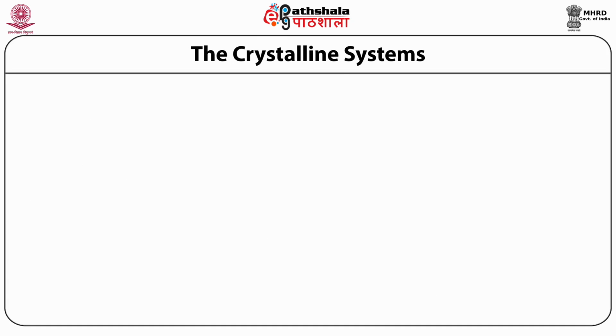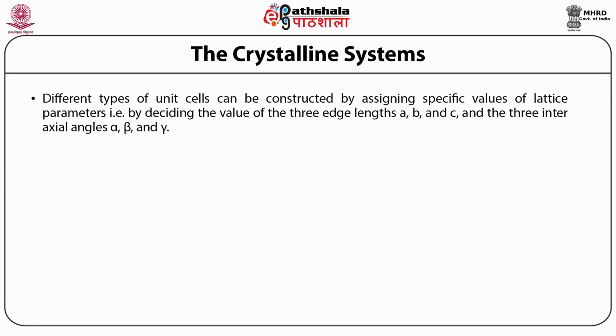In crystalline systems, different types of unit cells can be constructed by assigning specific values of lattice parameters, that is, by deciding the values of the three edge lengths a, b and c and the three interaxial angles alpha, beta and gamma.